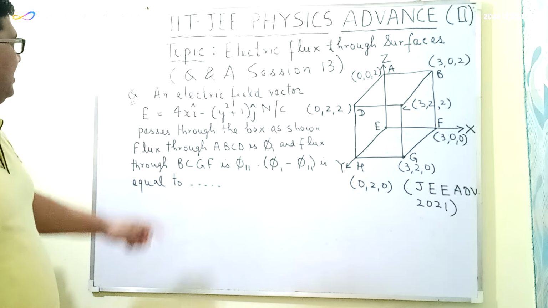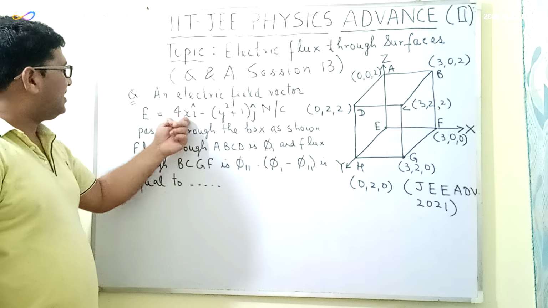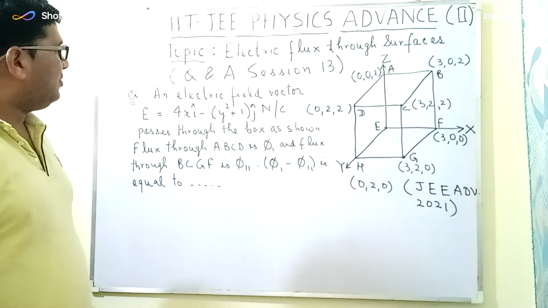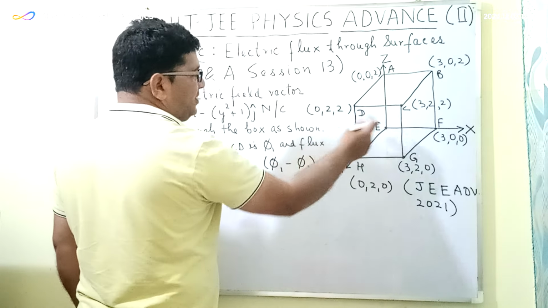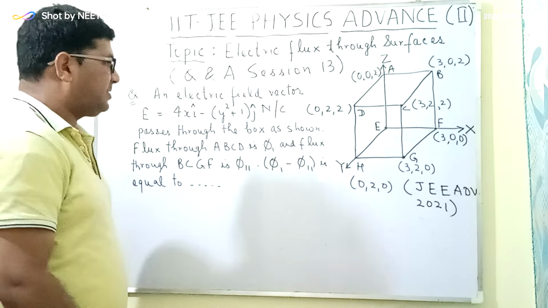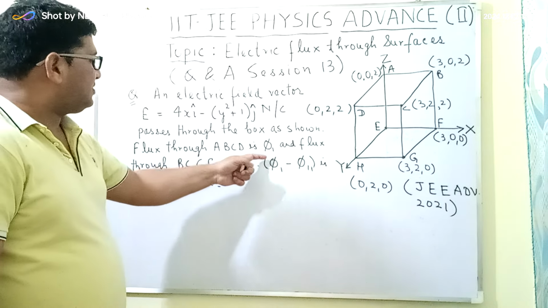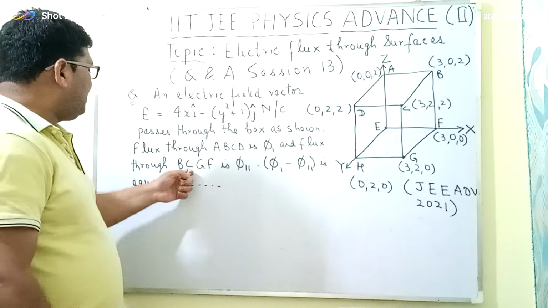So the question here is: an electric field vector given by the equation E = 4x i cap minus (y square plus 1) j cap Newton per coulomb passes through the box as shown in this figure. So this was the figure which was provided along with the question. The flux through ABCD is given as phi 1, and the flux passing through the surface BCGF is phi 2.